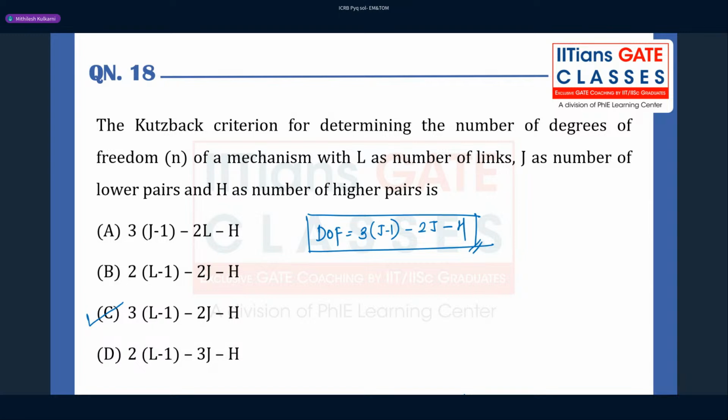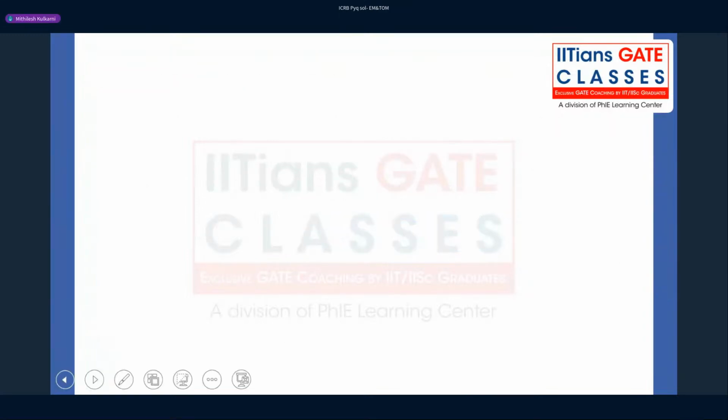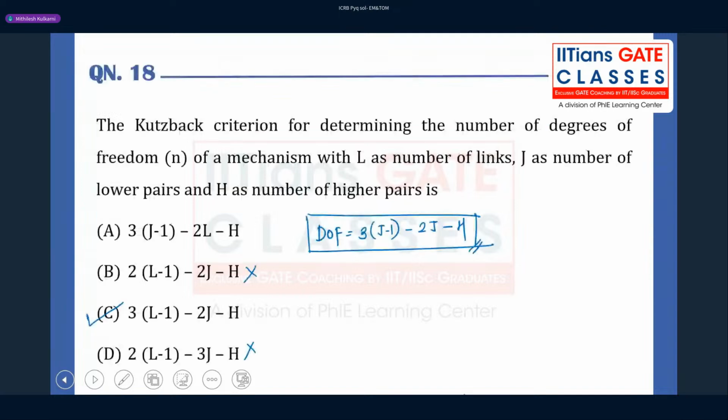We can clearly see that these two are wrong, because whenever we have a 2D mechanism, it has 3 degrees of freedom, right? Because it can have translation in the x direction, translation in the y direction, and rotation about the z axis. So 3 times (n minus 1) comes from it, and only option A and option C have that part. However, minus 2J has to come because we have to subtract the constraints which we are putting here.